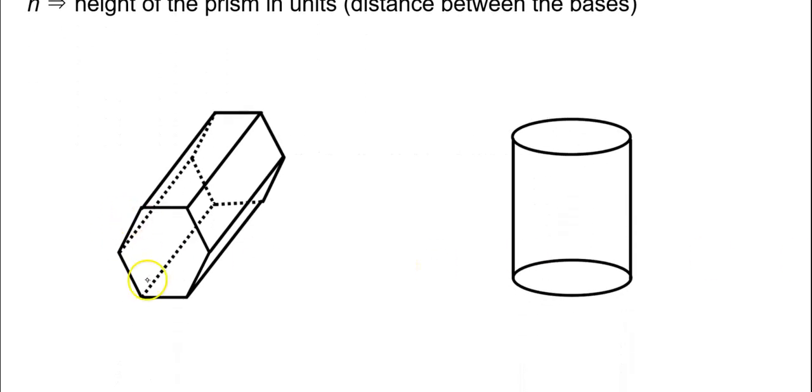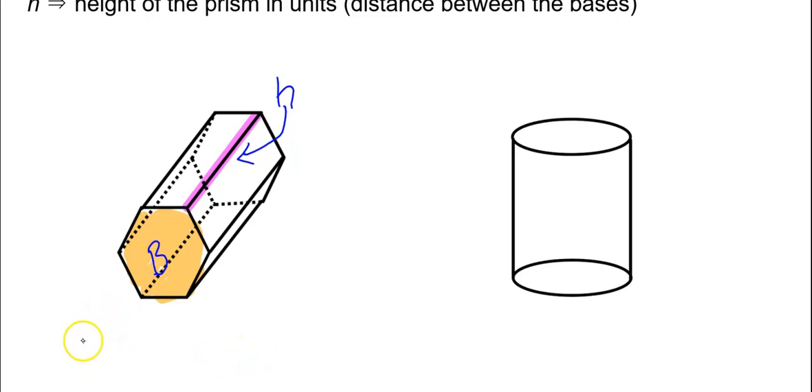So if I was to look at this shape here, I would need to find the volume. I would need to find the area of one base, or one hexagon, and I would find the length of that height. So I would calculate big B, and I would calculate h, the height of the prism, the distance between the bases.